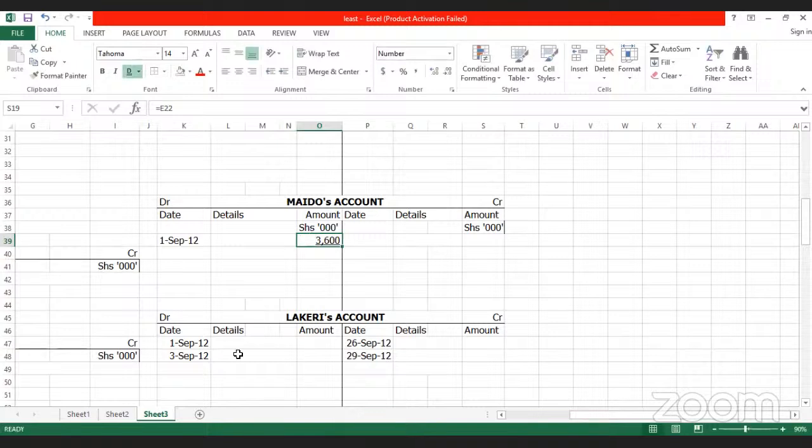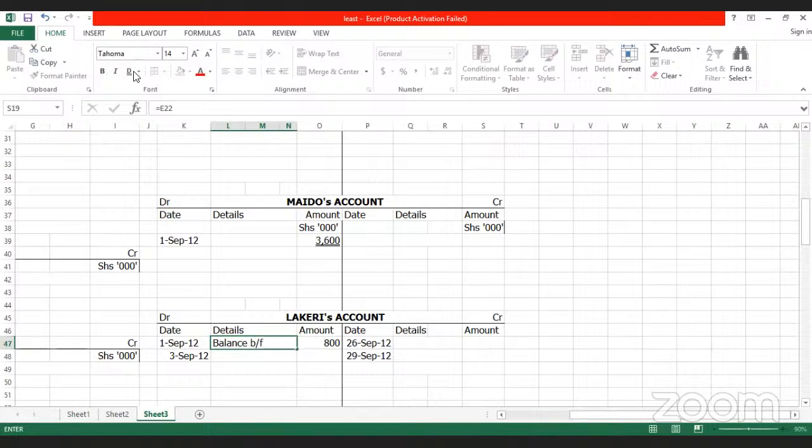Then Lakiri, 800. Lakiri's balance is 800, debit balance. These are trade receivables. They are assets to the business, and assets have a normal debit balance brought forward.